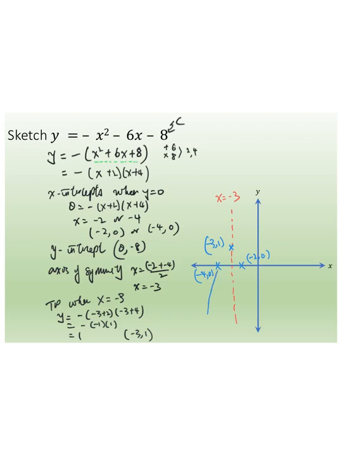And if I sketch that, the y-intercept is (0, minus 8). And the equation is y equals minus x squared minus 6x minus 8. Right, so this is a way of doing it.